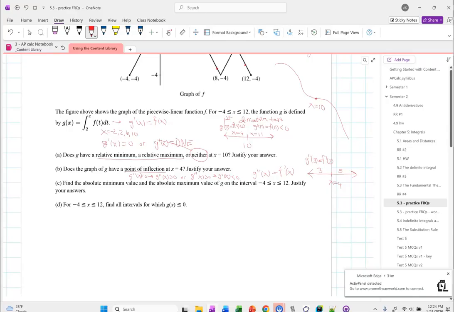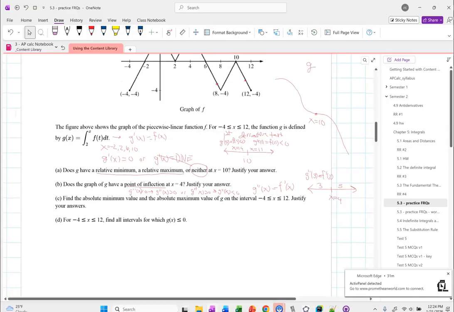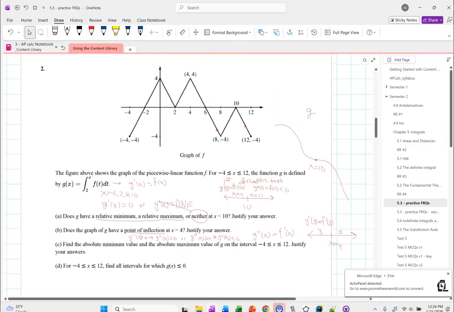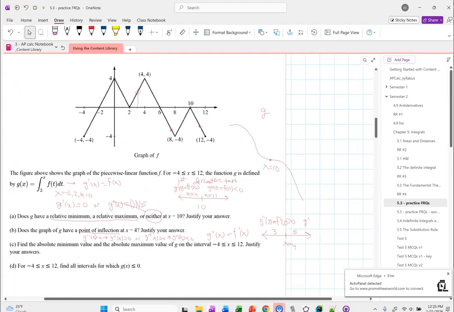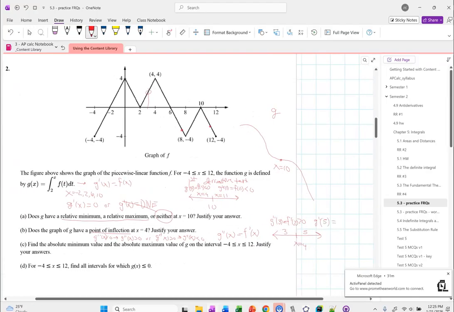So the second derivative of g, g double prime of 3, is equal to f prime of 3. So x equals 3 is here. The slope of f at 3 is positive. And then we'll do the same thing now for 5.